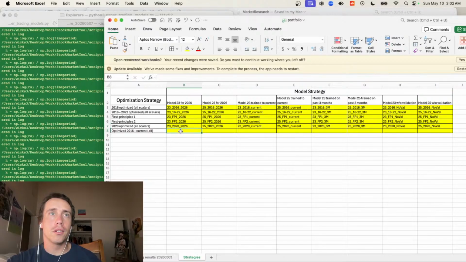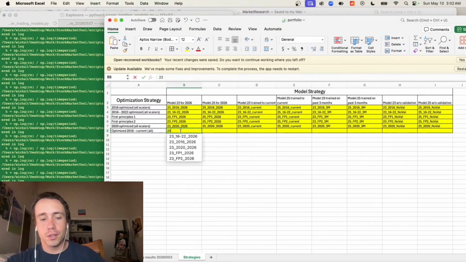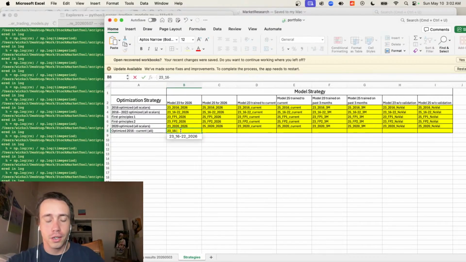Optimize 2016 to current with all scalars. So 23 underscore 16 to current underscore 2026.